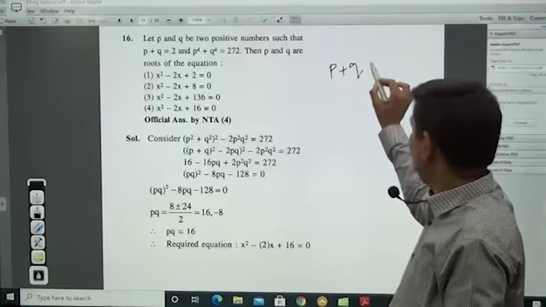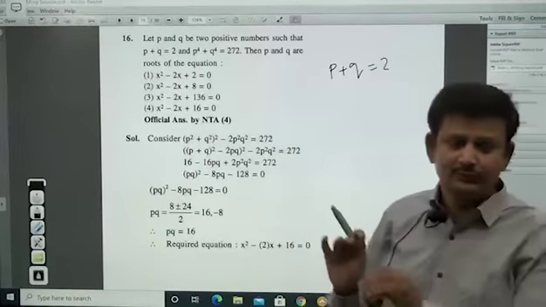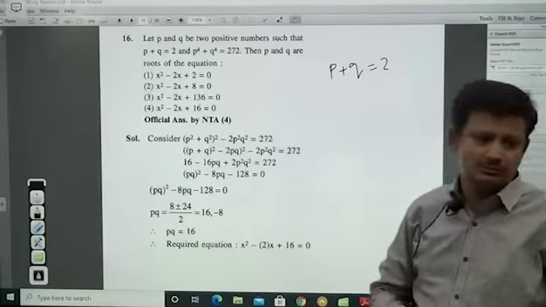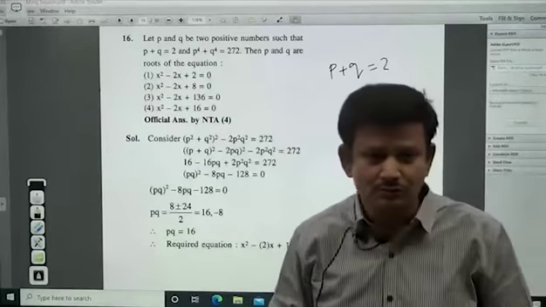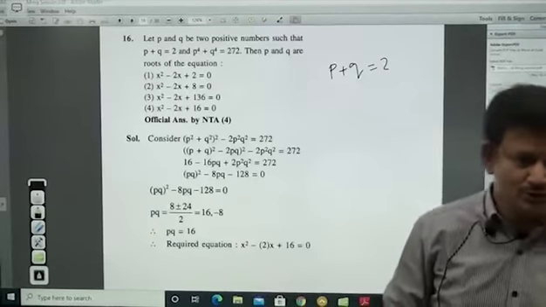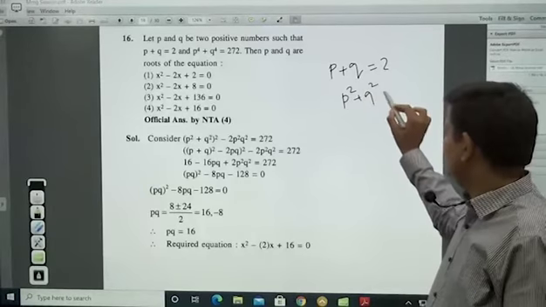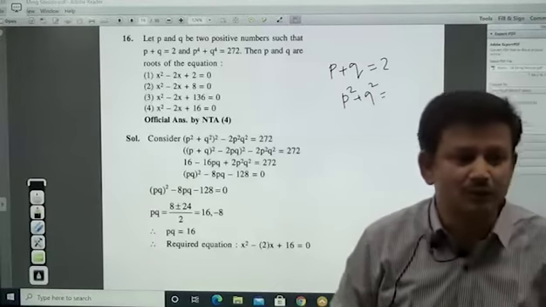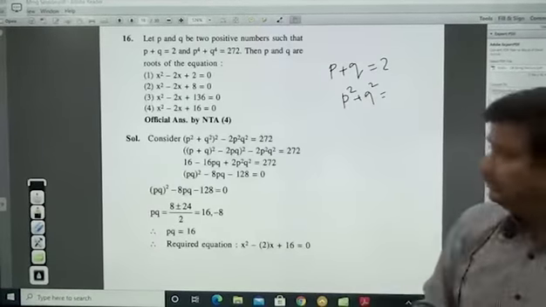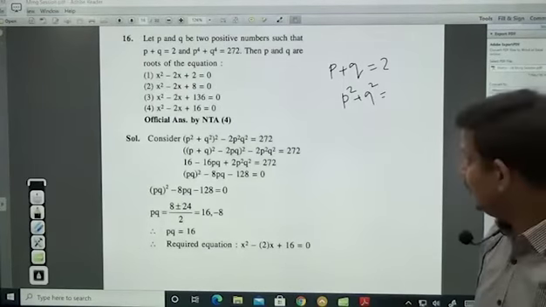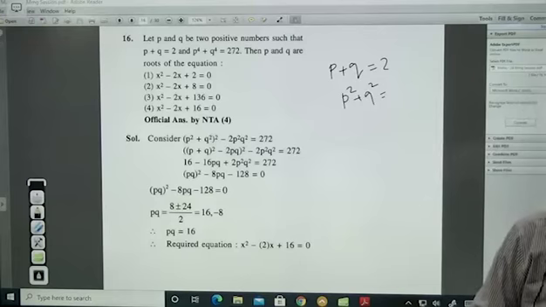If I had written the question, I would have done it this way in the exam. First option, PQ is 2. P plus Q is 2. So P square plus Q square, how much will it be? P plus Q whole square minus 2PQ. How much? 4 minus 4, 0.